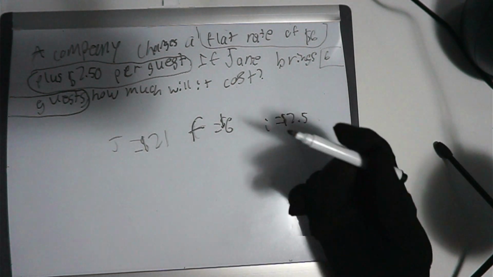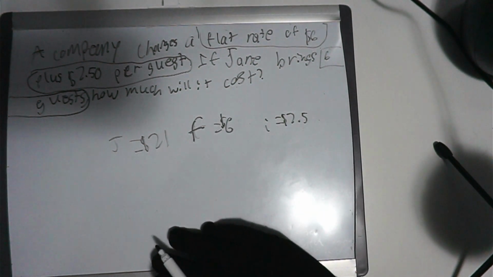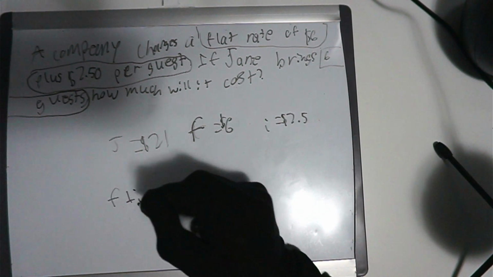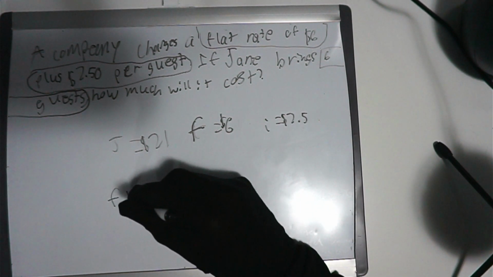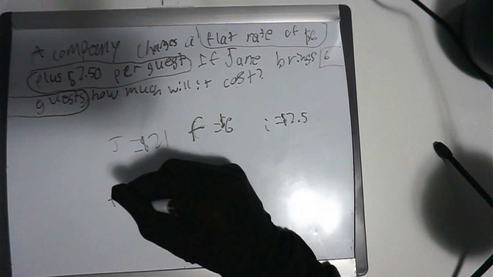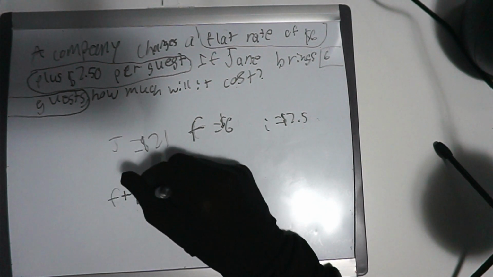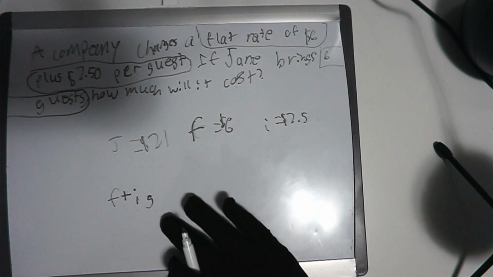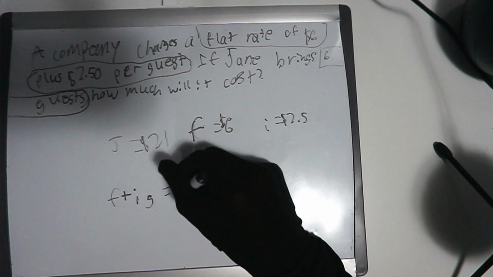So if we were setting this up the way we did it, it would be the flat rate plus the increment rate times guests. So let me try to make this more like a plus. So the flat rate plus the increment rate, which is that, times the amount of guests equals Jane's cost.